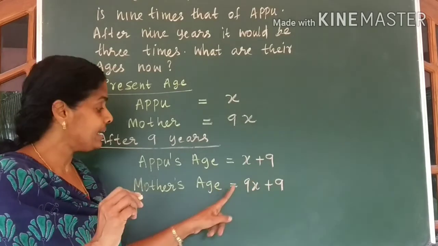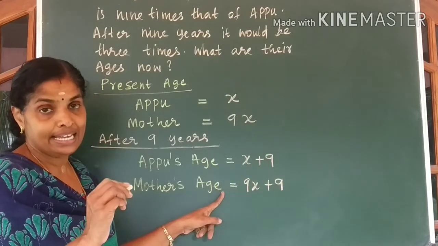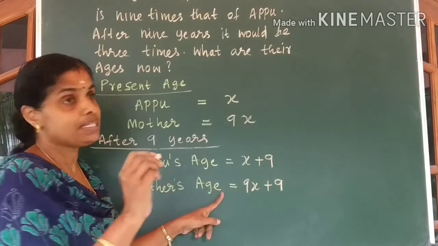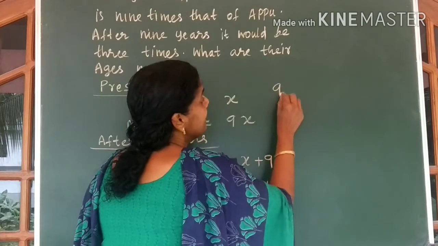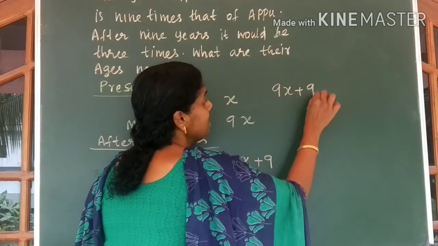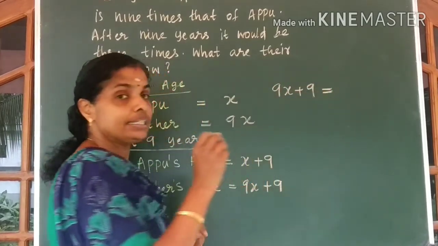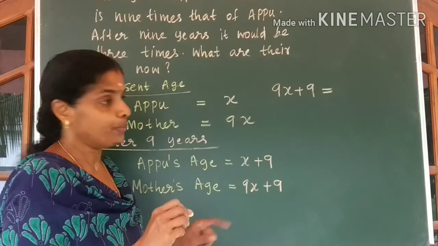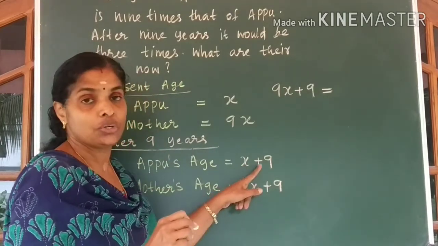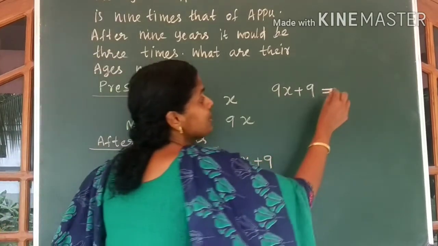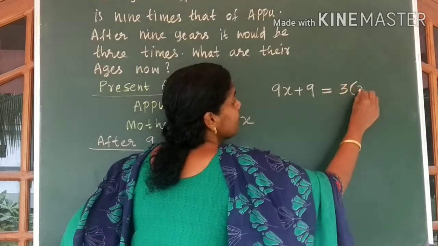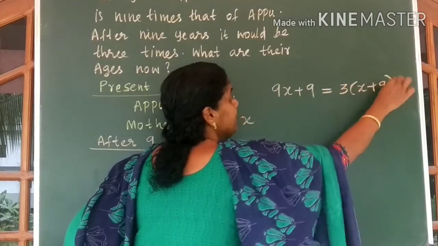So we can write mother's age, that is 9x plus 9. We can write 9x plus 9 is equal to 3 times that of Appu. That is 3 into x plus 9. So we get 3 into x plus 9.